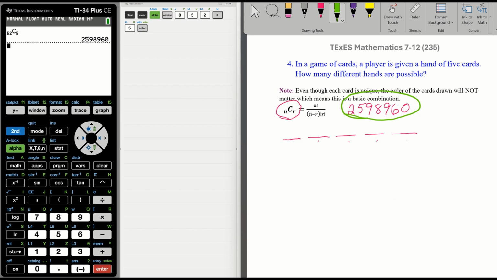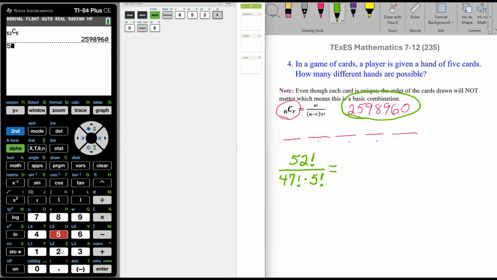Okay, so we're going to have n factorial, 52 cards in a deck, 52 factorial. Now, n minus r, that's 47 factorial times our 5, our r options, the 5 cards in our hand. So let's put that into our calculator. We have 52. Always put your number in first.